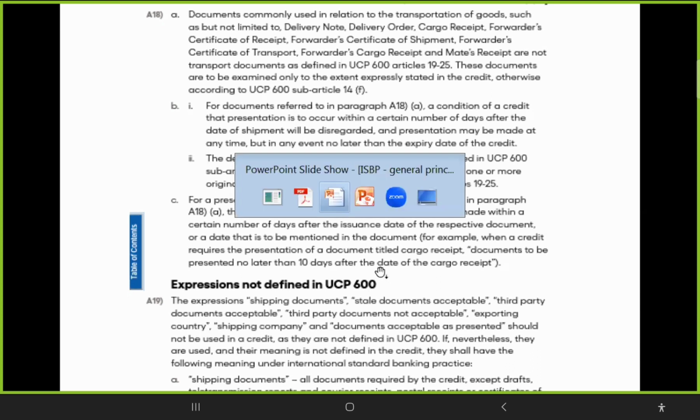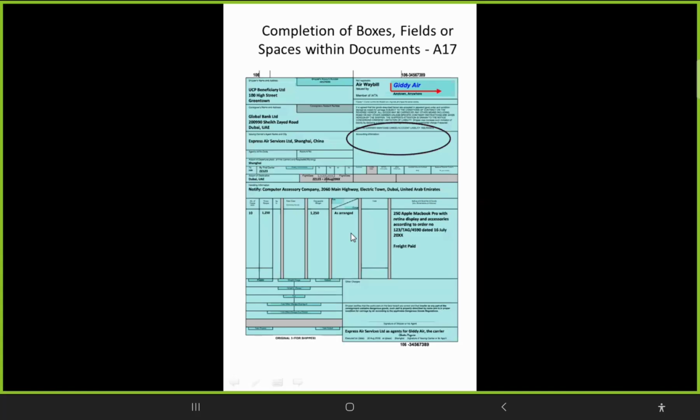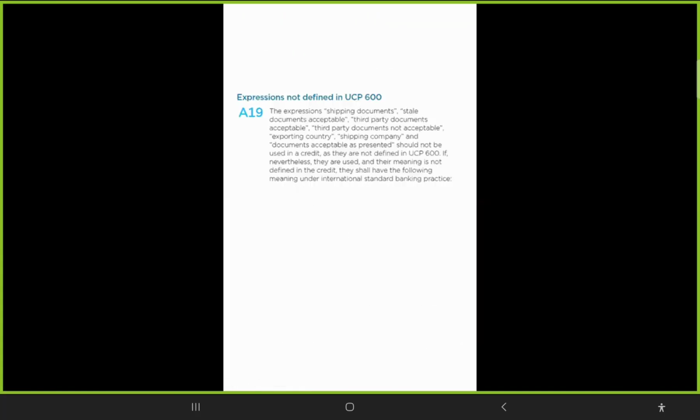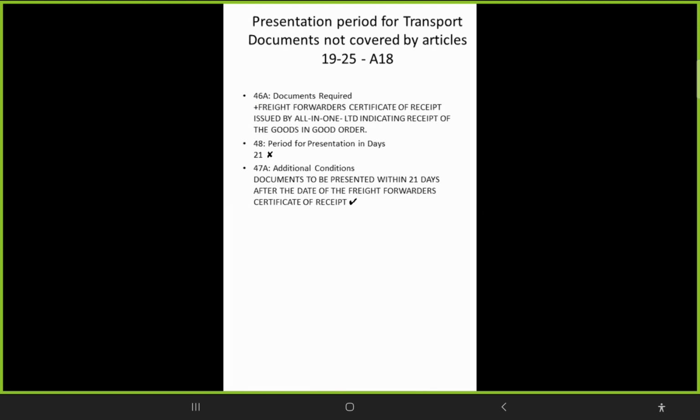I'll give you an example. We are calling for a freight forwarder certificate of receipt issued by All-in-One Limited indicating receipt of the goods. Now, if they are specifically giving a presentation period, it will not be applicable because these 21 days would mean 21 days from the shipment date.